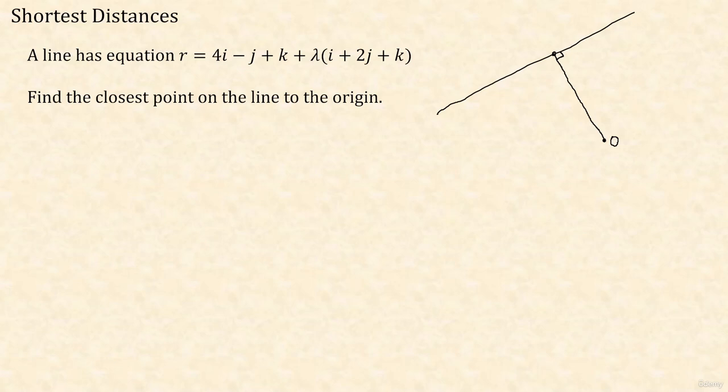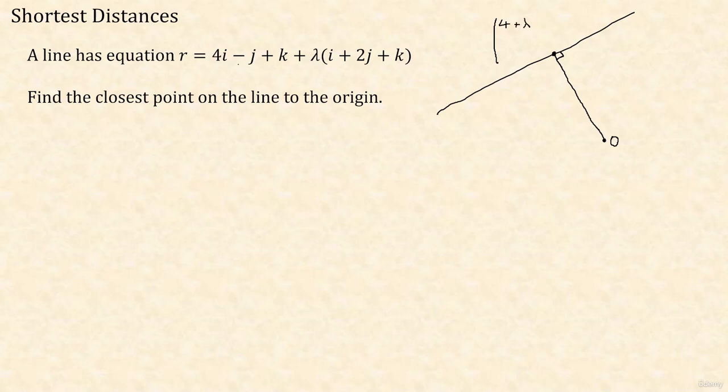So here's how to think about this. We want a way to describe an arbitrary point on the line, and so we'll do that by saying, well, there'll be some particular value of lambda which gets you there. And so its coordinates will be 4 plus 1 lambda. So that's 4 from the position vector part and 1 lambda from the direction vector part.